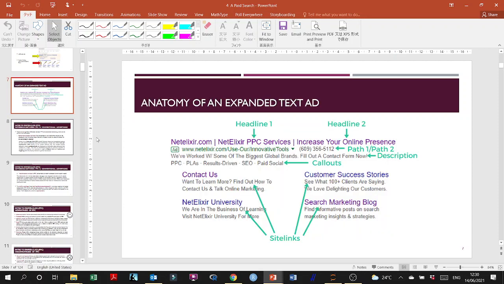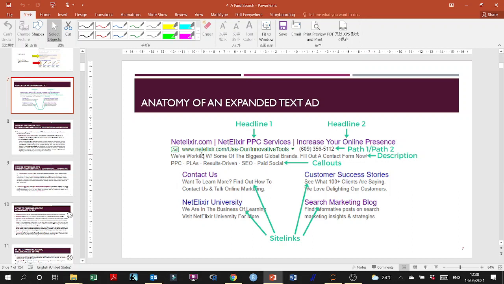All right. This is the anatomy of an expanded text ad. As you can see, it has multiple headlines. Now it includes 3 different headlines, and usually this headline emphasizes the brand.